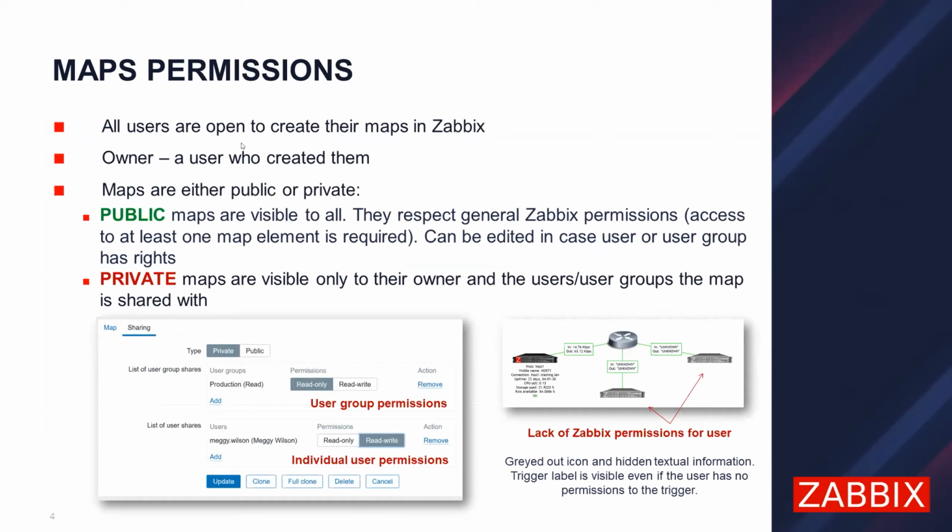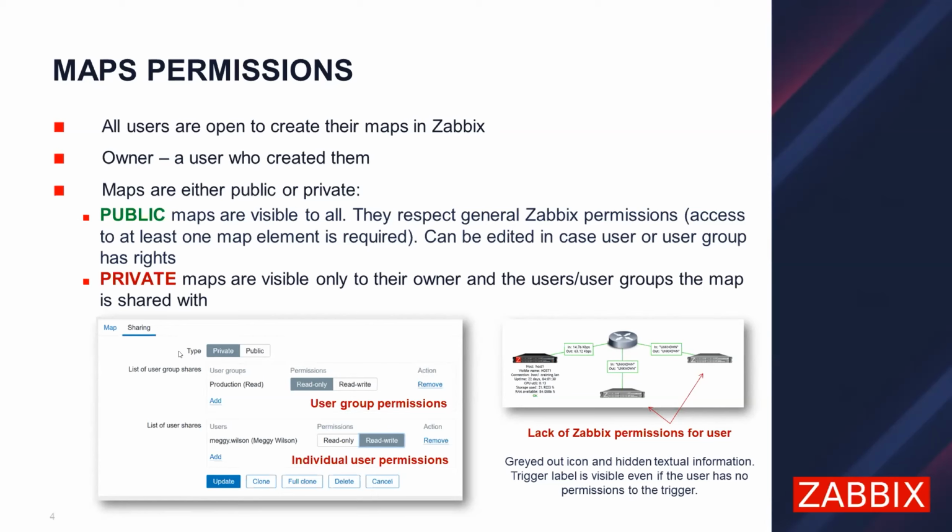The owner has all unlimited rights and can grant and revoke permissions from particular users by specifying map visibility. Maps can be either public, which means that they are visible to everybody, or private, which means that they are visible to their owner only and to the specified list of user groups or individual users. Below you can see how it's done.